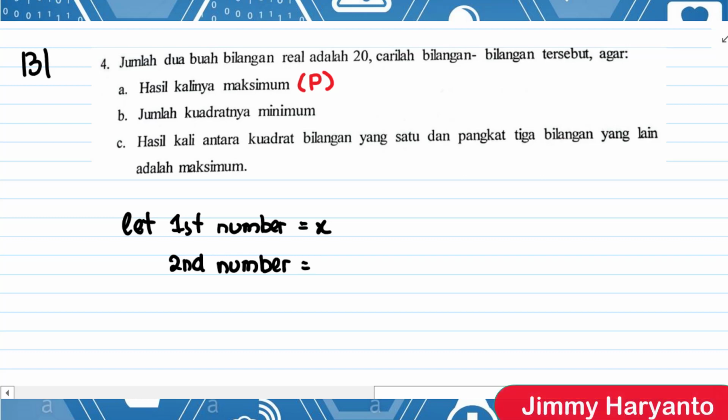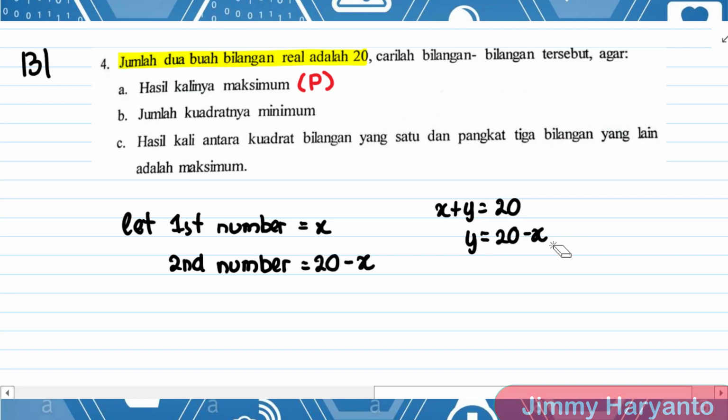Oh no, you don't use 2 variables in these chapters, yeah. You only have to use 1 variable. Okay, so we will use this sentence. Jumlah dua bilangan real adalah 20. That means x plus y equals to 20, and that also means y equals to 20 minus x. So I can assume that the second number is 20 minus x.